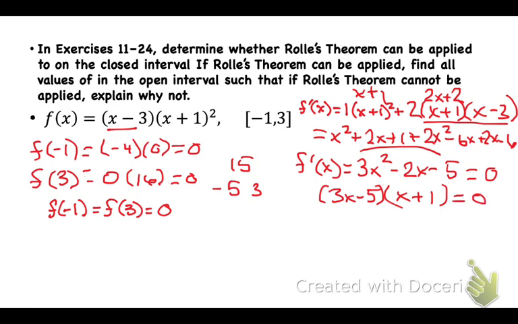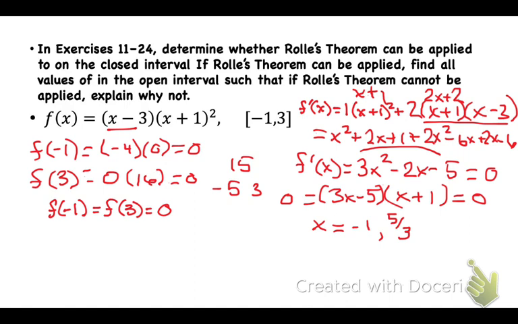So however you factor, it factors to 3x minus 5 and x plus 1. So remember, I don't care how you factor, you just have to get it right. Okay, so now I set both of those equal to 0, and I get x equals negative 1 and 5/3.